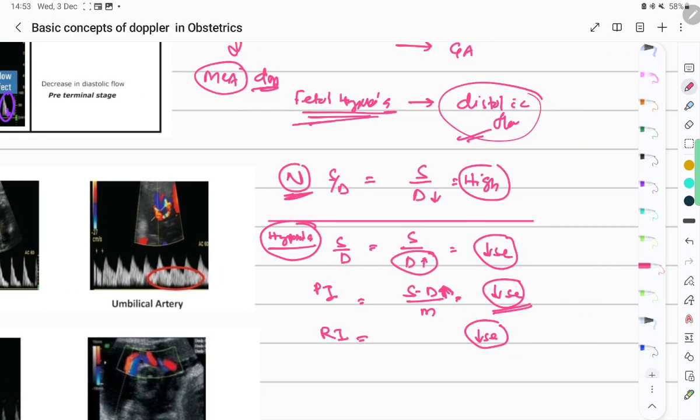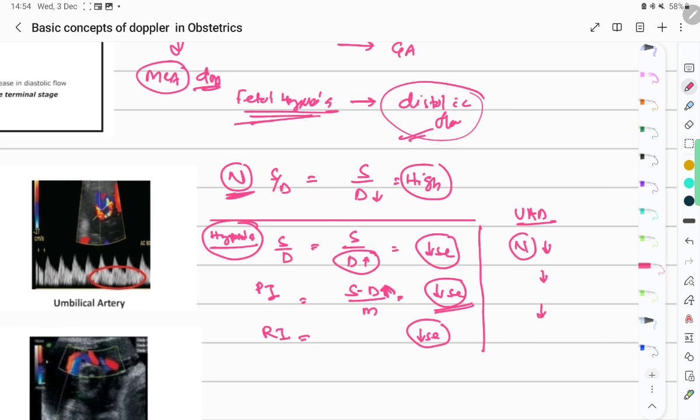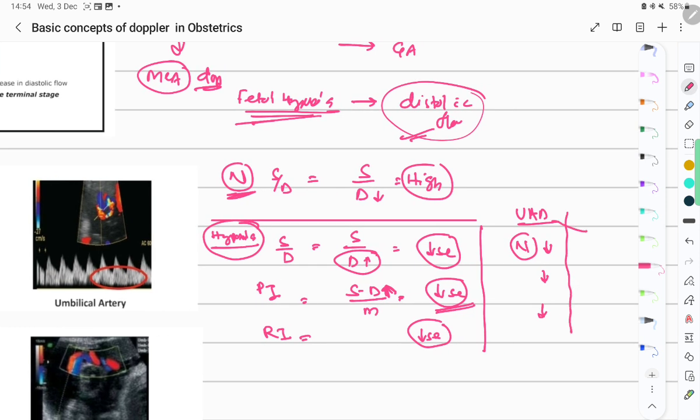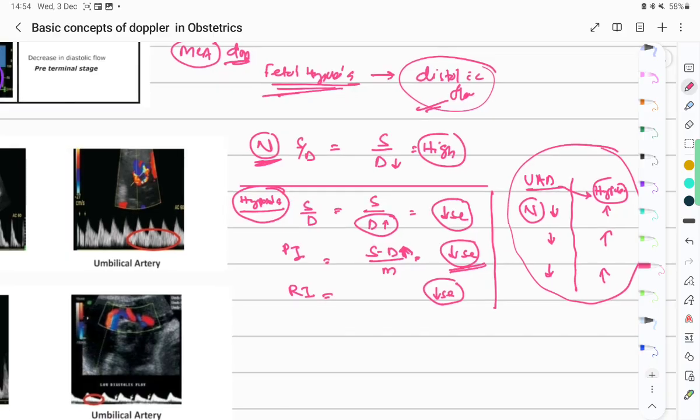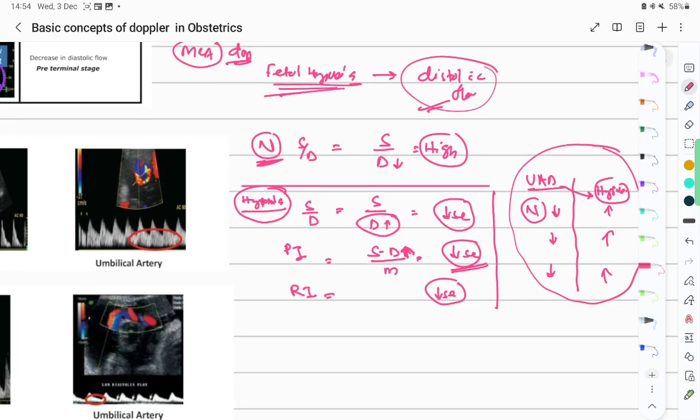But in umbilical artery Doppler, normally SD should decrease, PI should decrease, and RI should decrease. In umbilical artery hypoxia, SD increases, PI increases, and RI increases. So you have to remember this. Do not confuse MCA Doppler PI and umbilical artery Doppler PI.